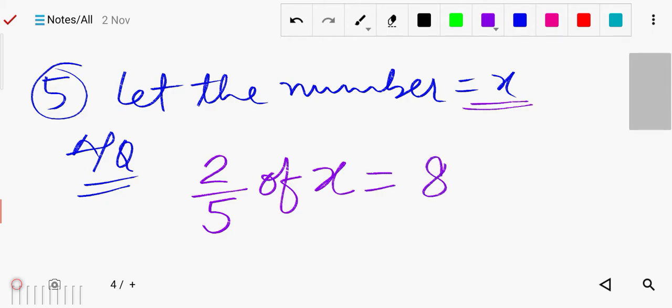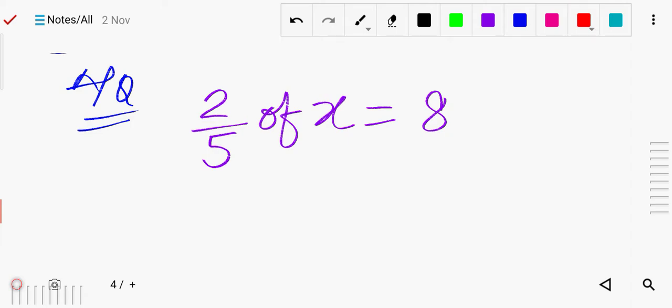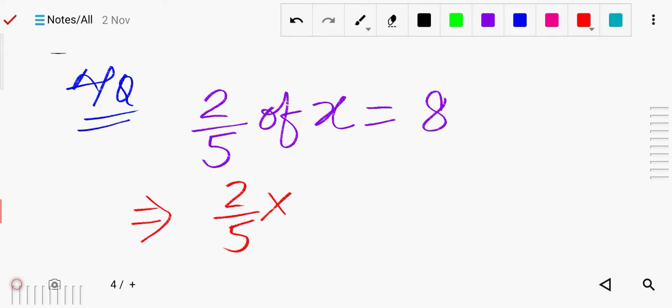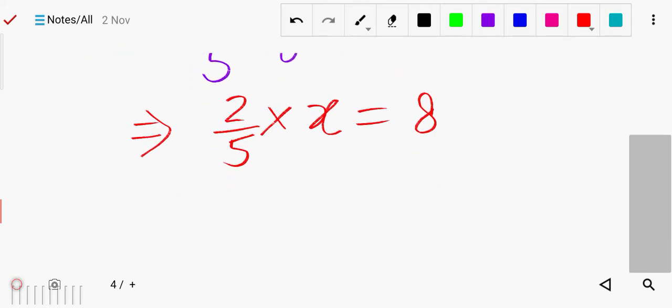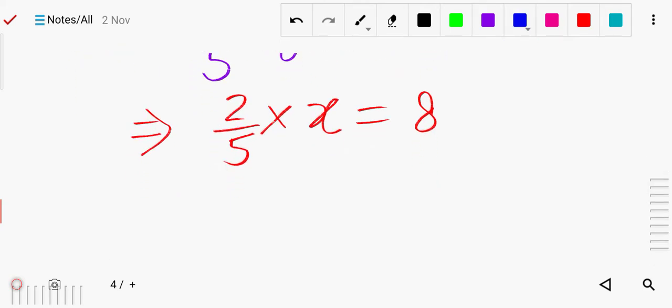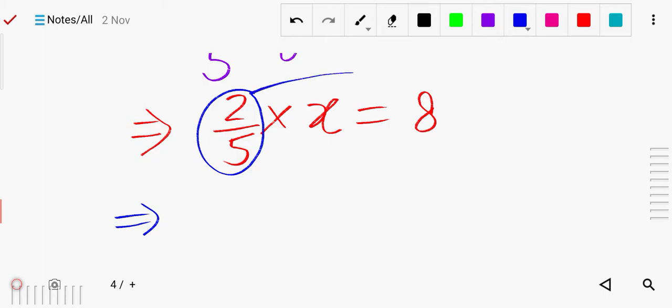Okay, now next we will solve it. If you remove this, "of" means multiply, so 2/5 into x equals 8. Got it? Now the next step, we will shift the side. This 2/5 we will send to the other side.